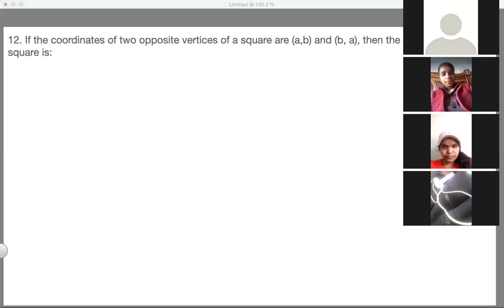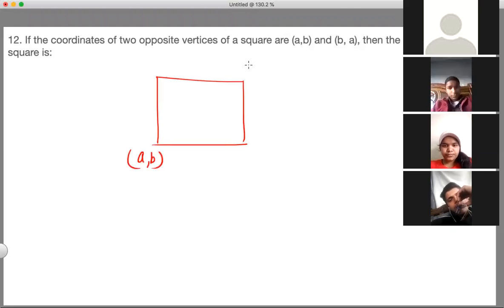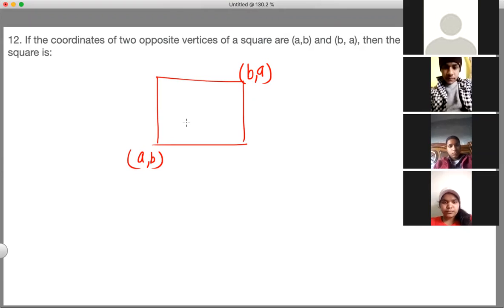If the coordinates of two opposite vertices of a square are (a, b) and (b, a), then the area of the square is. What is the area of this square? How will we do this?